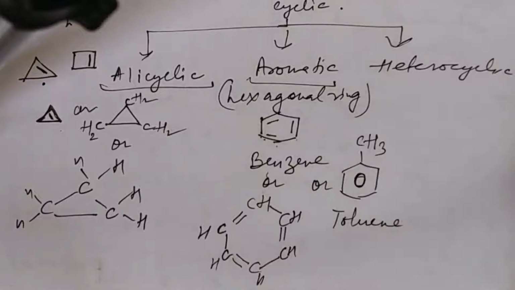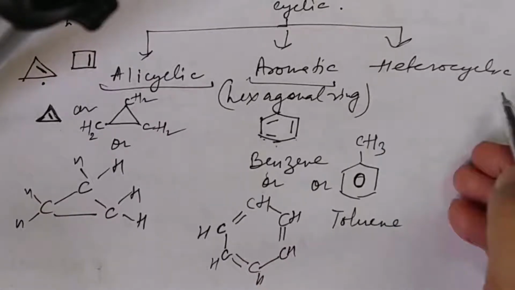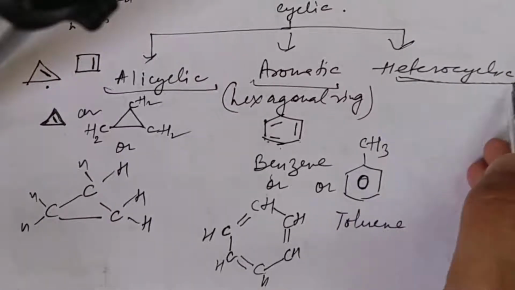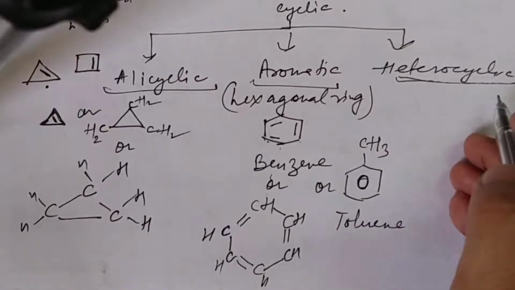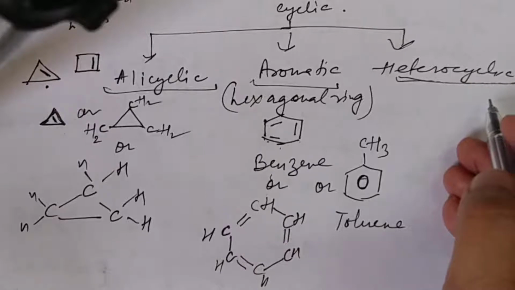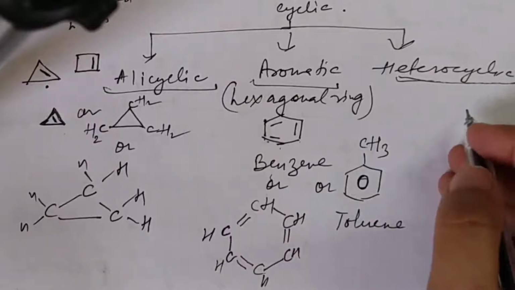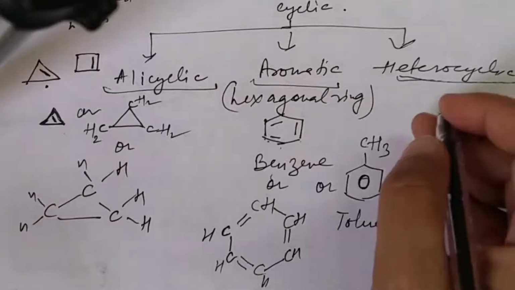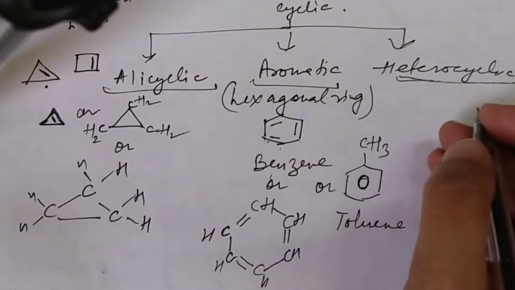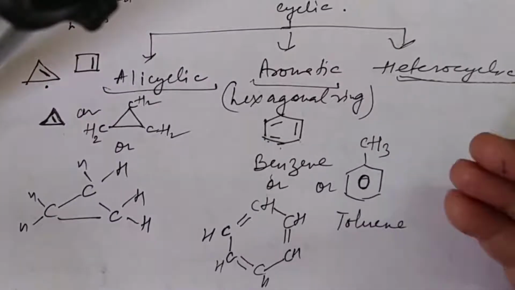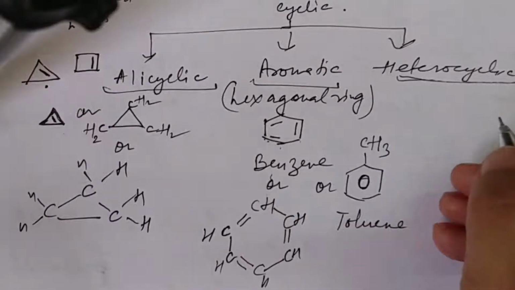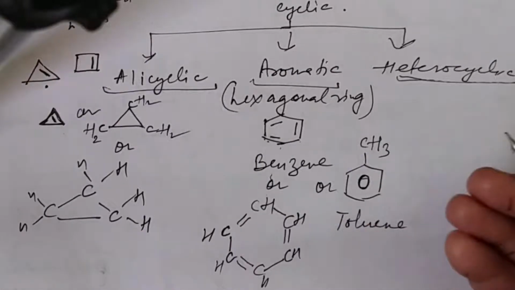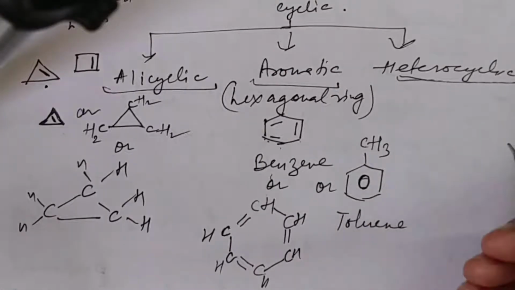Okay, the next classification that we can consider here is heterocyclic compounds. In both alicyclic and aromatic compounds, the ring has carbon atoms only, but in heterocyclic compounds there is an introduction of an atom other than carbon.